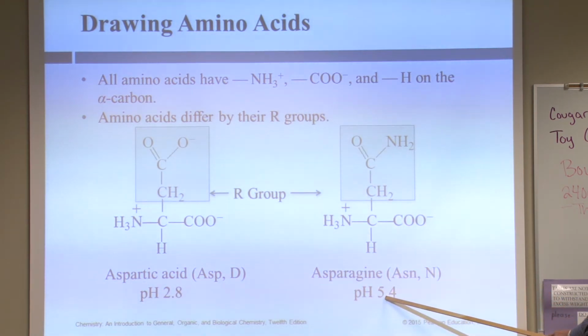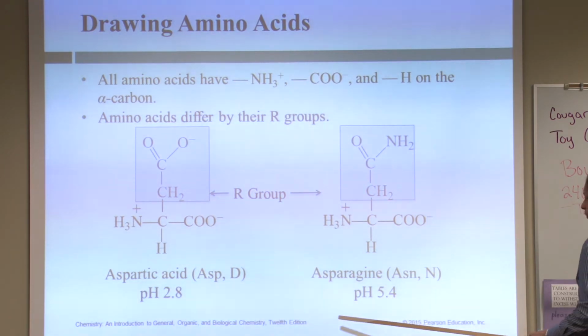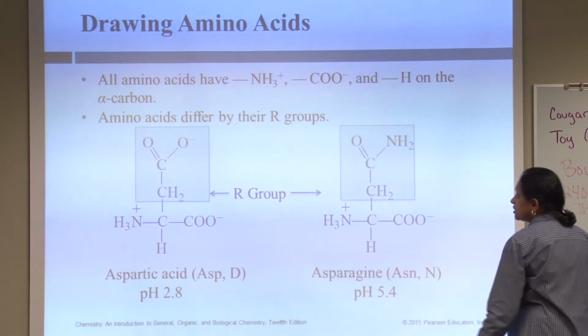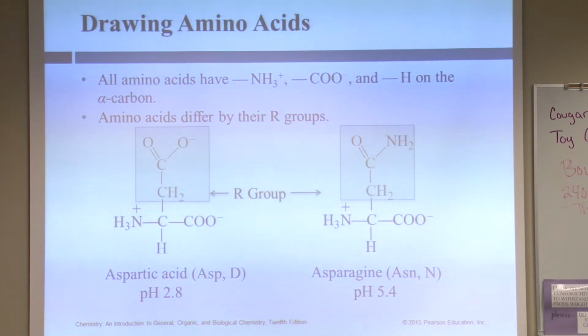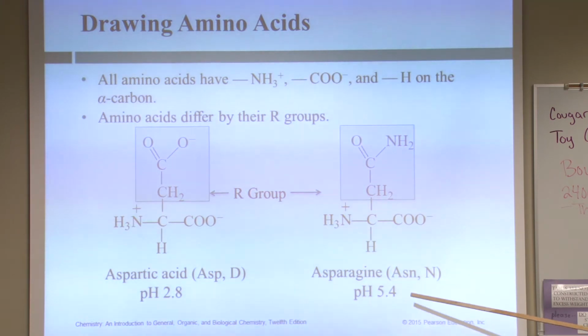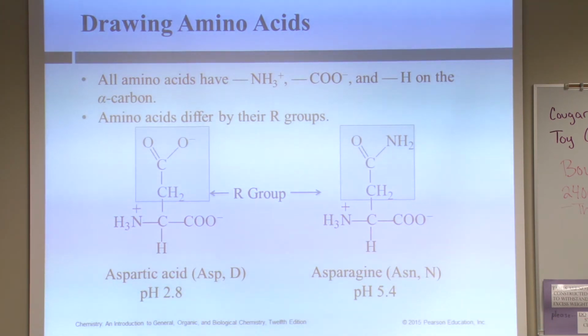This is the isoelectric pH, the pH at physiological 7.4. This is the pI number. So this is how you set up an amino acid, paying attention to the R group. And this pH is the pI number. Okay.